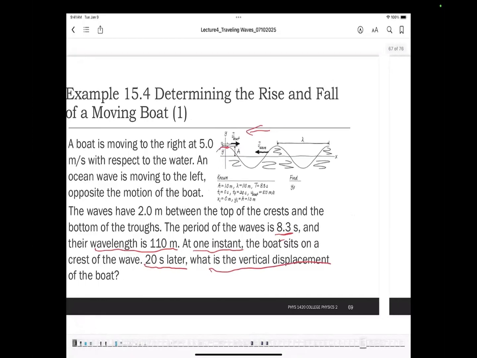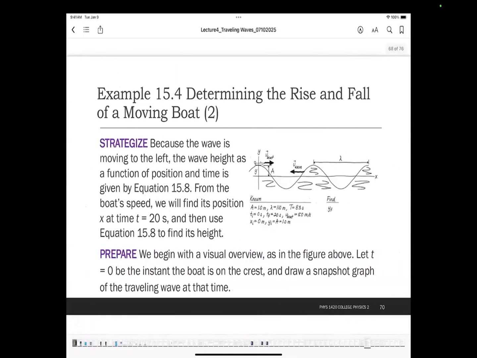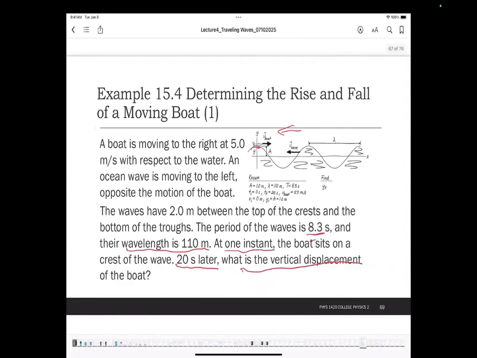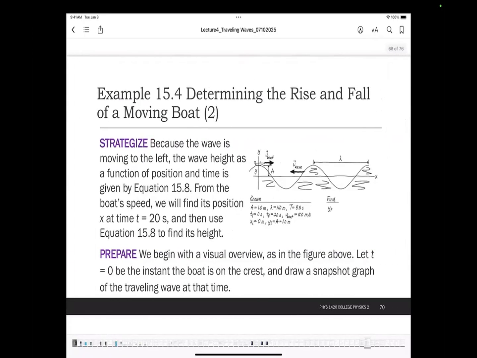Actually, I think this one is not that difficult. We just need to use the equation we have already learned. Because the wave is moving to the left, the wave height as a function of position and time is given by equation 50.8, which you can check in the textbook.